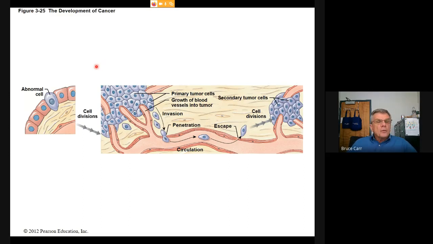It is a loss of a property called contact inhibition. Normally when you form, for example, a kidney of normal size, those cells stop actively dividing. They replace cells that die, but the kidney stops growing. The abnormal cell, the cancer cell, continues to grow a new growth called a tumor.